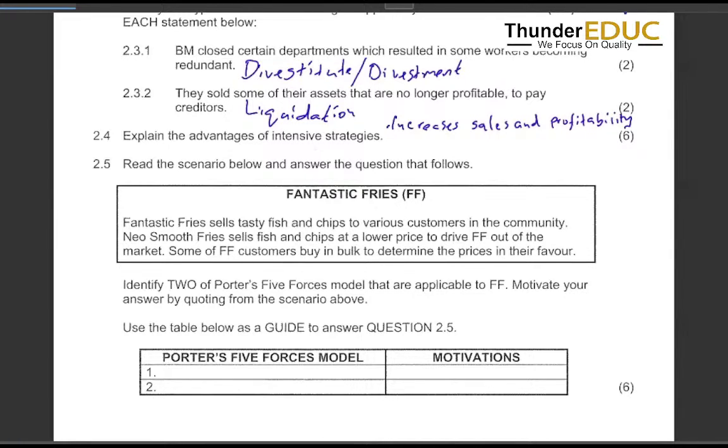And then the second one, eliminate competitors and dominate market prices.